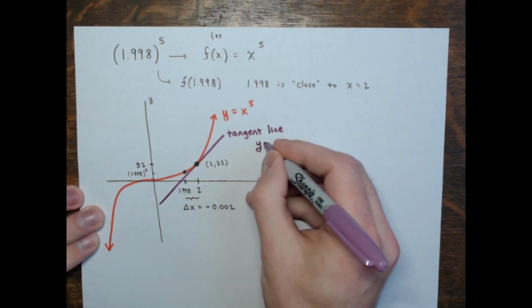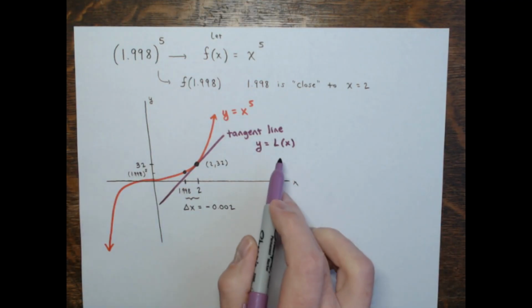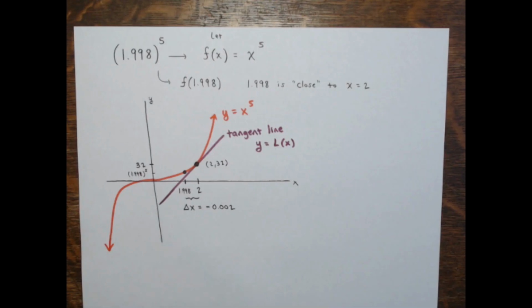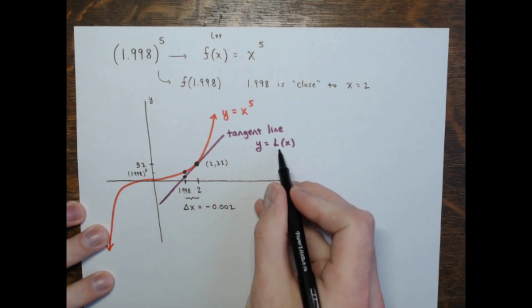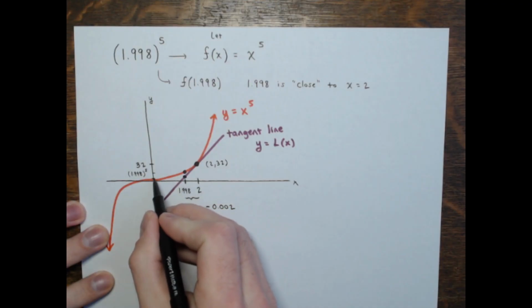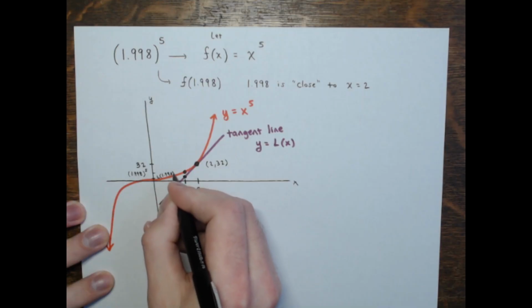So again, they're calling this y equals some function of x called L of x. We're going to figure out that expression. And then I'm going to plug 1.998 into this L function, this tangent line function, giving me the value of L at 1.998.